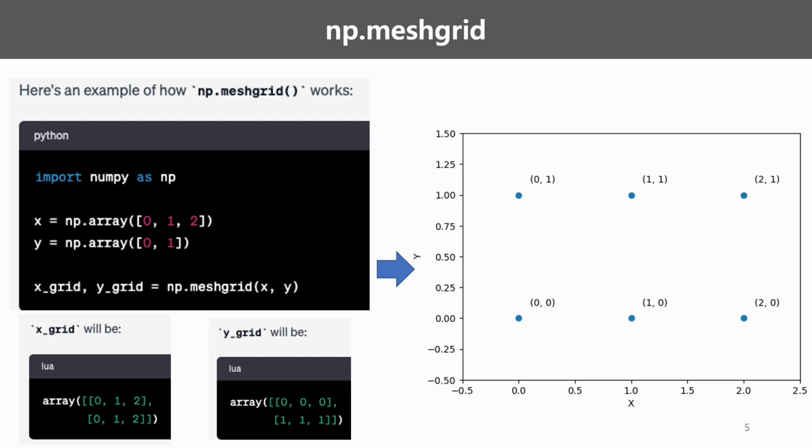In this example, x and y are 1D arrays representing the x and y coordinates. np.meshgrid returns two 2D arrays, x grid and y grid, which represent the x and y coordinates of a 2D grid formed by the input coordinate vectors. The i, j element of x grid and y grid represents the x and y coordinates of the i, j point in the grid.